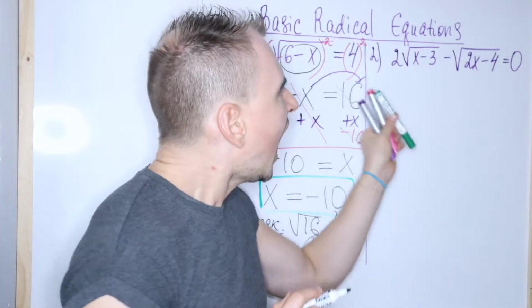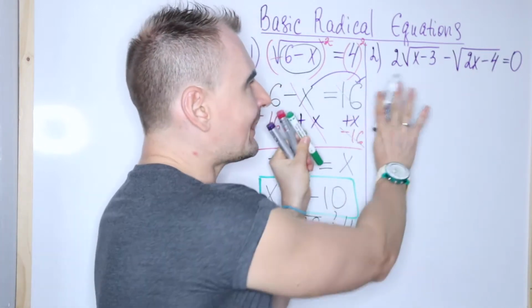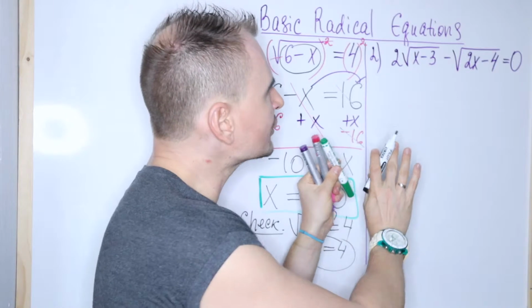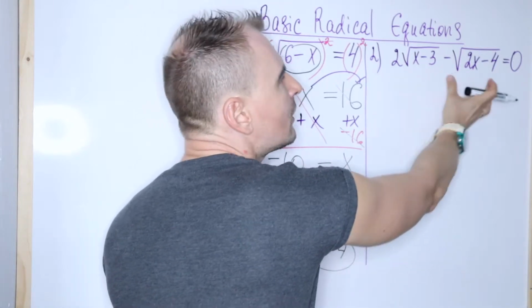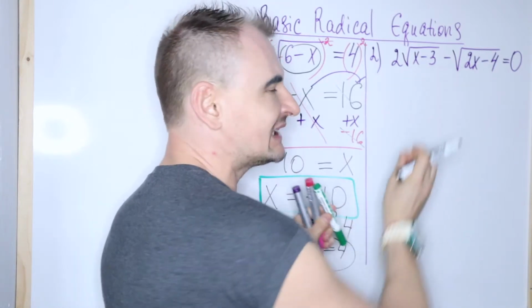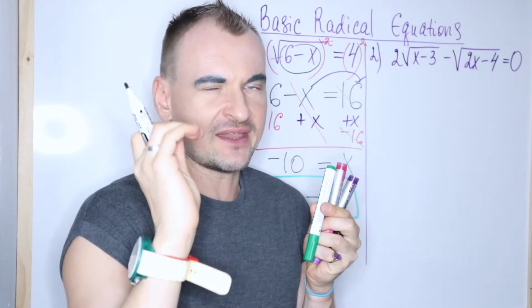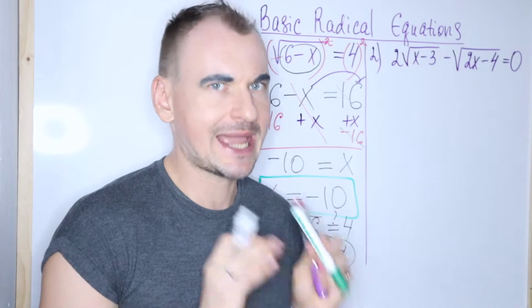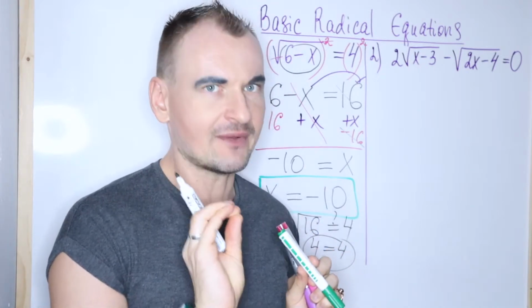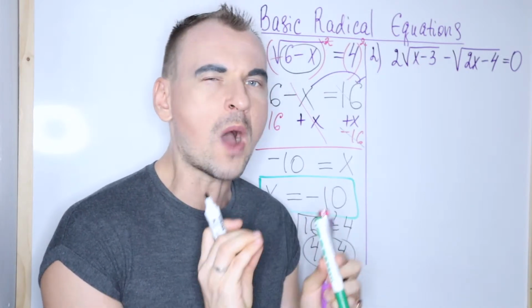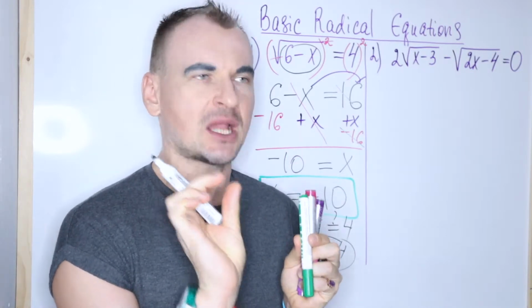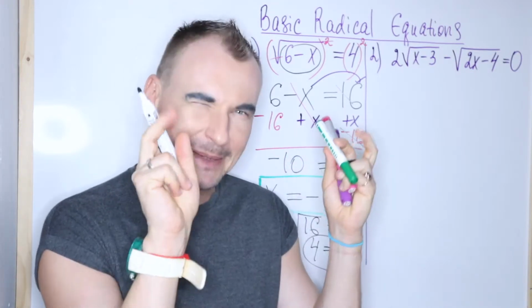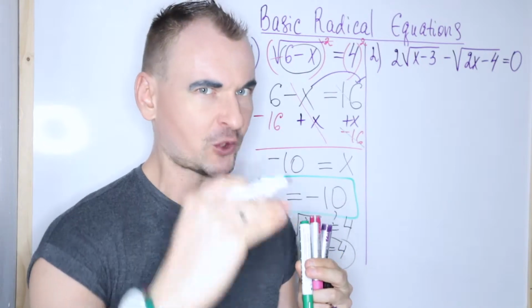But I wouldn't square at this point, because you would have 2 terms subtracted and you need to square them. It would be too much work, but however, what I could do, I could tweak my original equation a little bit and prepare it for squaring.